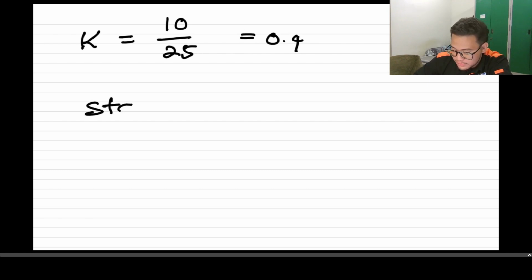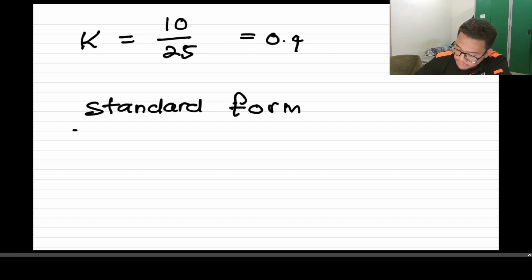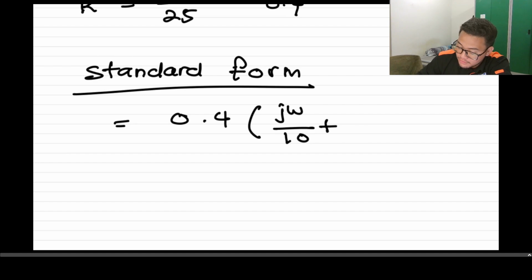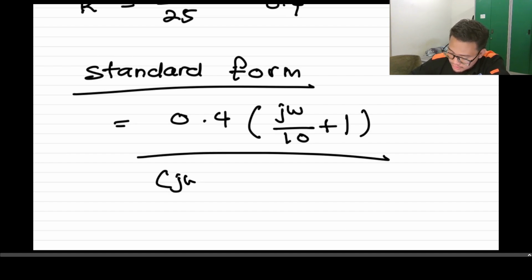So the standard form for this equation is 0.4 (j omega plus 10) over j omega plus 5.